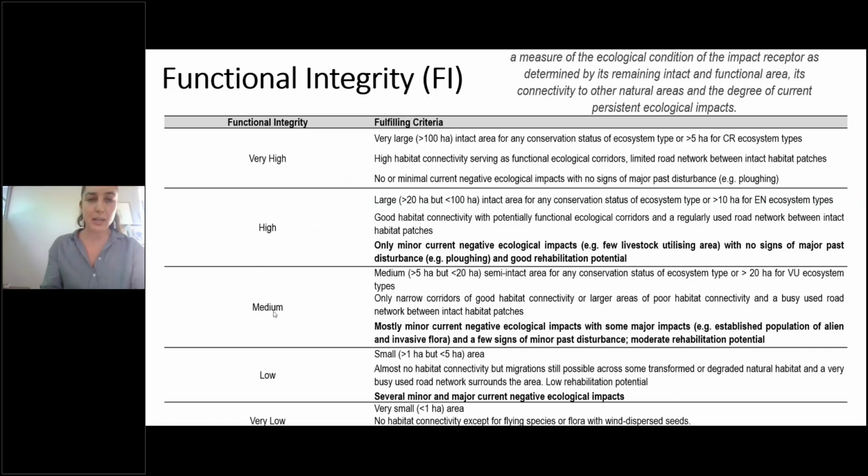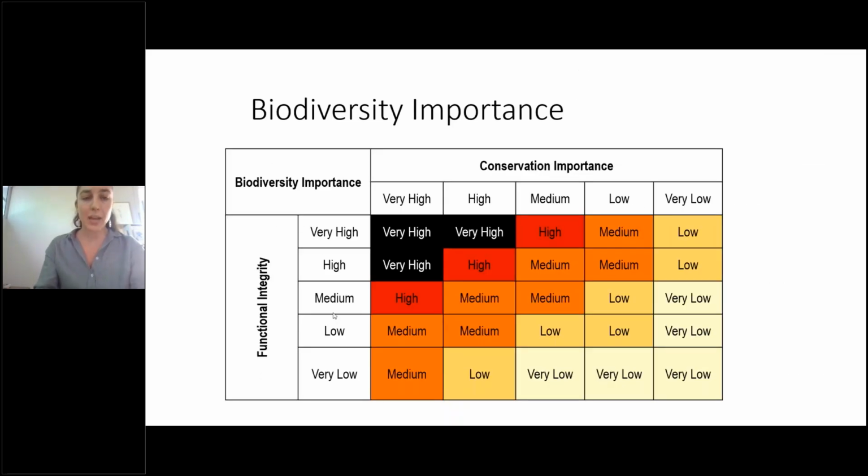Okay, then these are combined in this way. So if you have very high functional integrity and very high conservation importance, your biodiversity importance is very high, and then you can see how this matrix works. So if you have very low functional integrity, even if you have very high conservation importance, it brings down the overall biodiversity importance of that site.